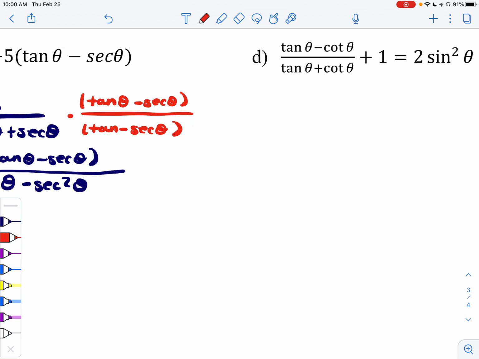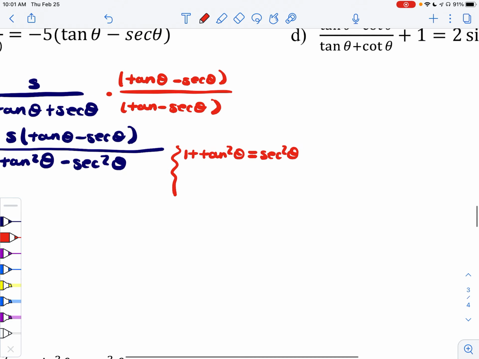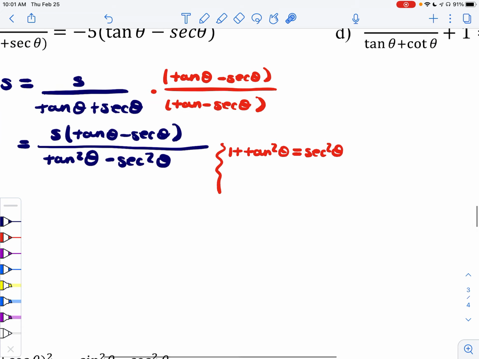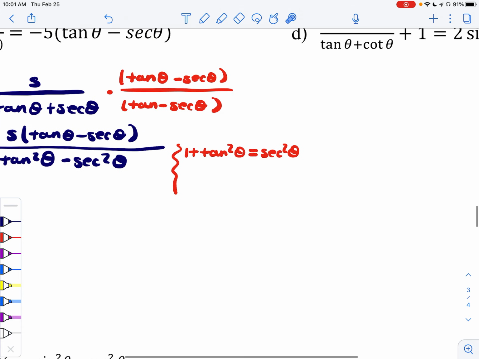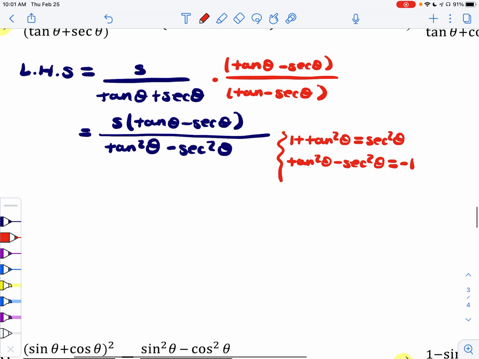So if you go back to our Pythagorean identities, you should hopefully remember that 1 plus tangent squared is equal to secant squared. So if we rearrange this, we want a tangent squared minus a secant squared. So we would subtract the secant squared over to the left, subtract the 1 over to the right, and we would come up with tangent squared minus secant squared is equal to -1.